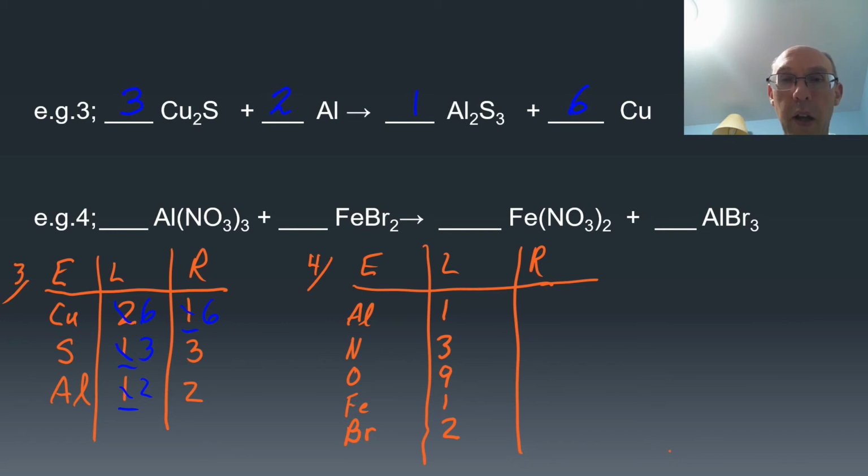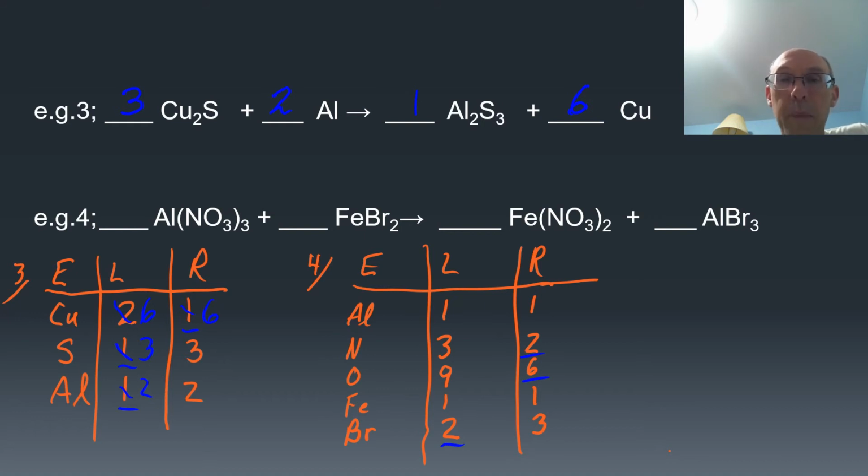Right-hand side, I see 1 iron, the nitrate, the 1 inside the bracket times the 2 outside gives me 2 nitrogen. 3 times the 2 gives me 6 oxygen. I've got 1 aluminum and 3 bromine. Wow, I've got aluminum good, iron good, but the bromine and the oxygen and the nitrogen are not good.